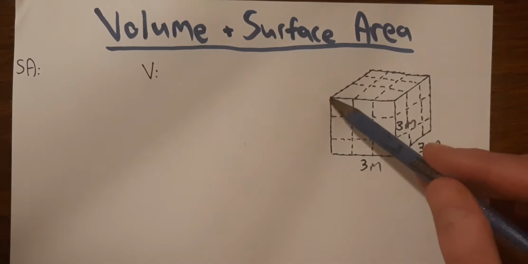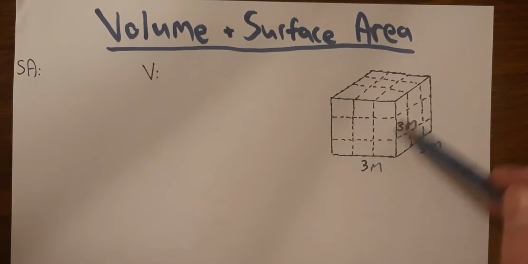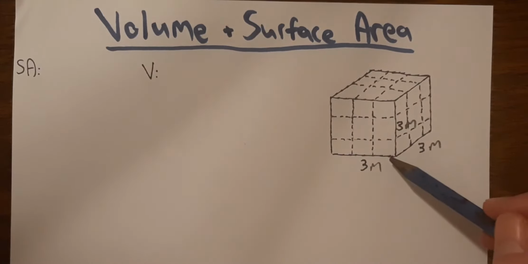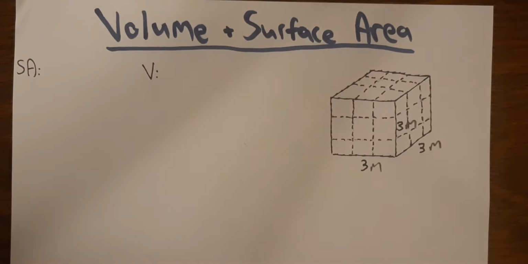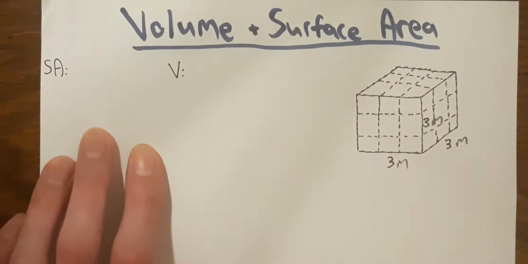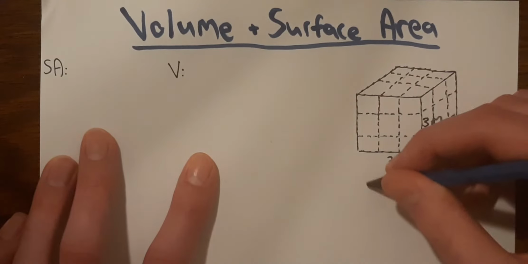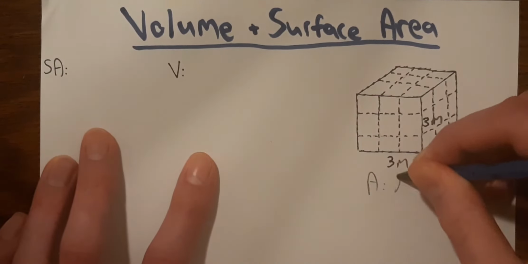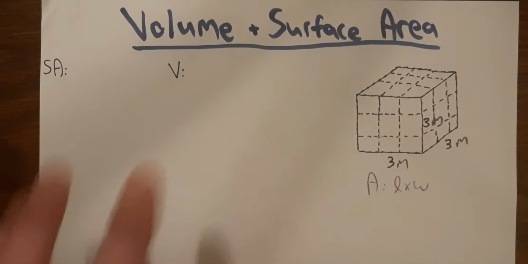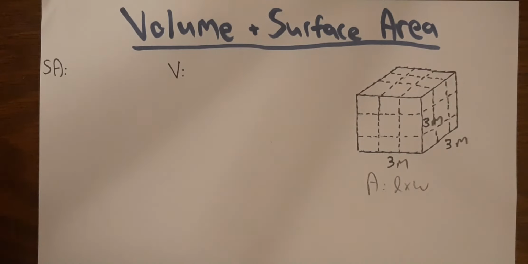So what's the area of this front square here? It's a square. It's 3 long. It's 3 high. How do we find the area of a square? Do you remember? The area of a square is length times width, right? Okay. So the length is 3.